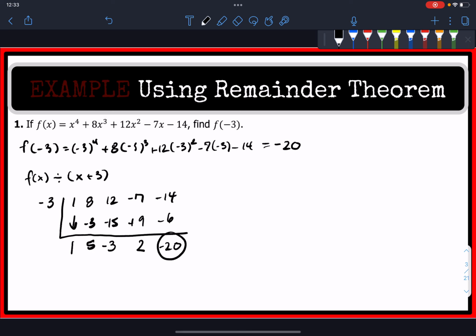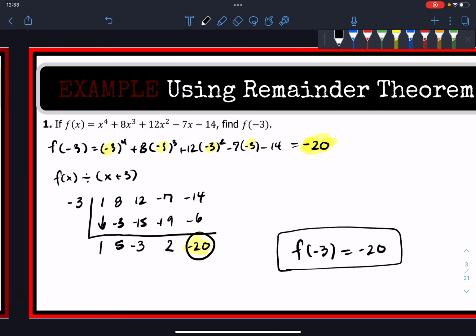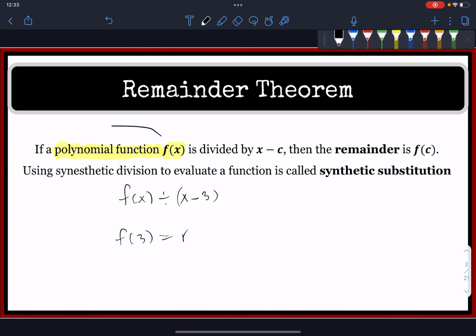This number is the exact same value as the y value when I plug in the negative 3 for all the values of x. I get the exact same answer. So using this technique gets me the answer in a quicker and more efficient way. But again, the catch is that this only works with polynomials.